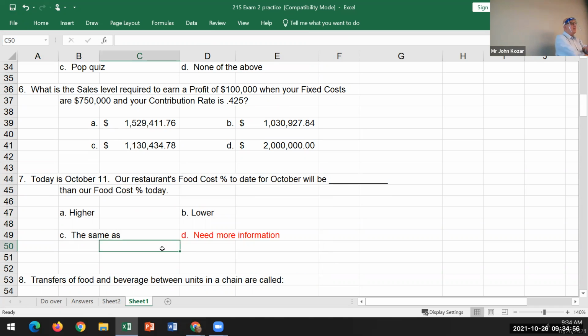You'll know what that number is, but your food cost percent to date, it could be higher, it could be lower. You're going to need to see all of the information. It's not going to be consistently higher or lower when you look at all the days in the month up to today, and then today's individual.